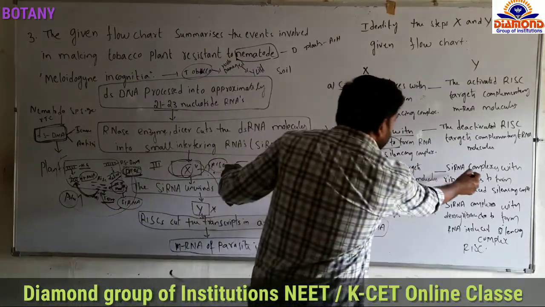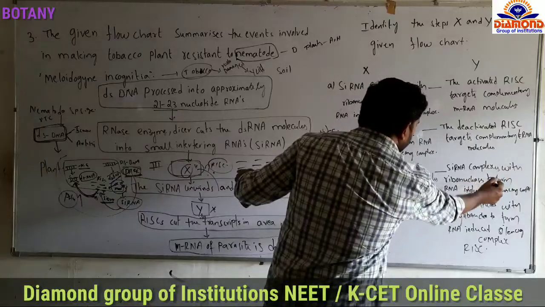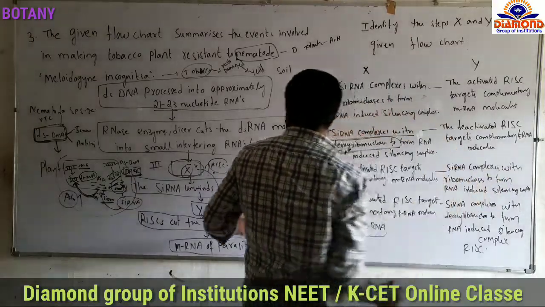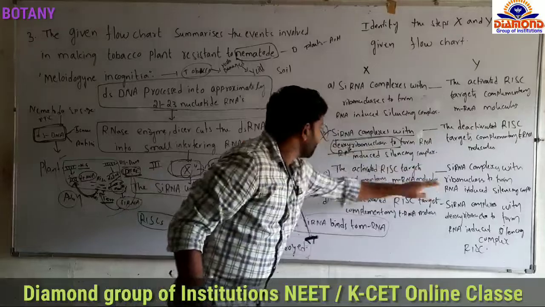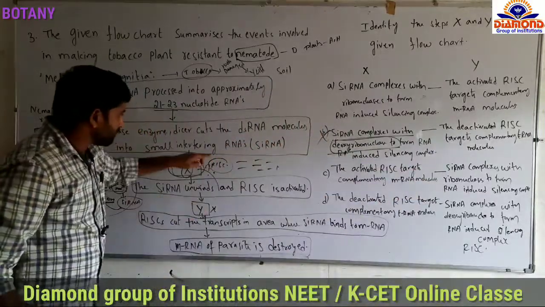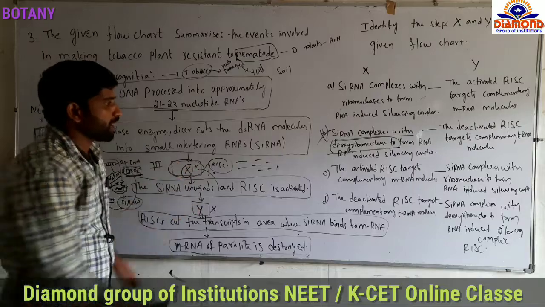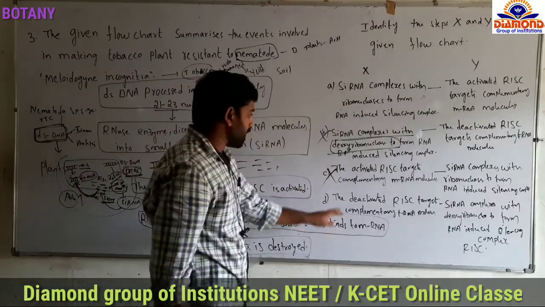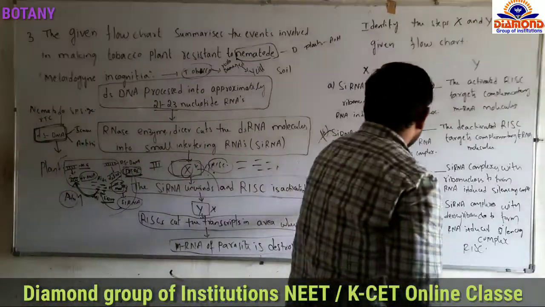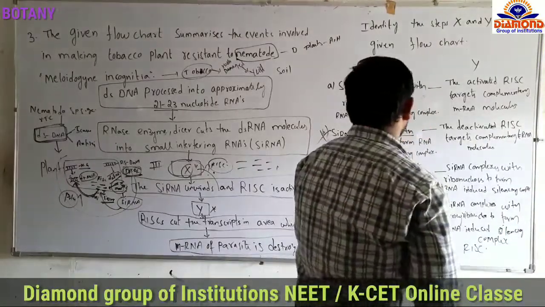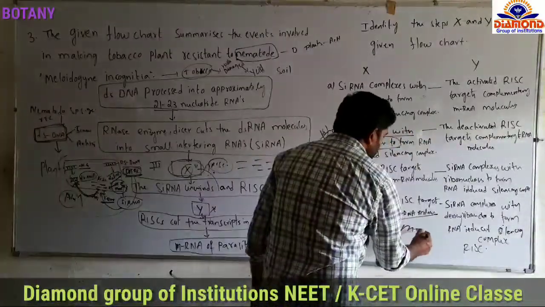Firstly, siRNA complexes with ribonuclease to form the RNA-induced silencing complex. That means Y should be placed first, but they gave X and Y in the wrong positions. So option C is incorrect. And option D, the deactivated RISC targets the complementary tRNA. It's not a tRNA, it's an mRNA.